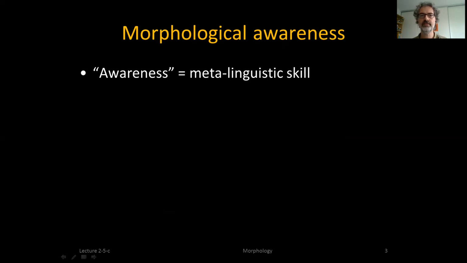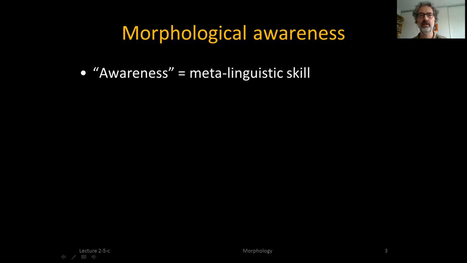And here it may be useful to remember the case of phonological awareness. So in phonological awareness, the idea was that one directs attention to elements of the language. In that case, it was syllables and phonemes. And one can consciously manipulate them in certain kinds of tasks, indicating an explicit understanding that these parts exist and are combined in specific ways.